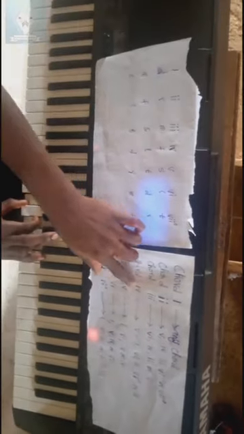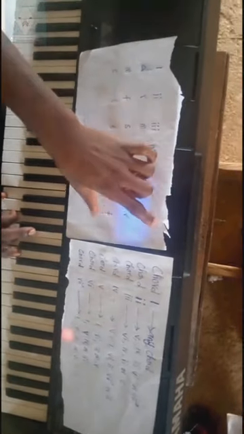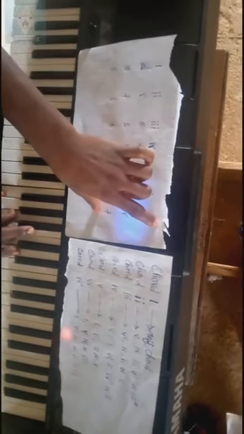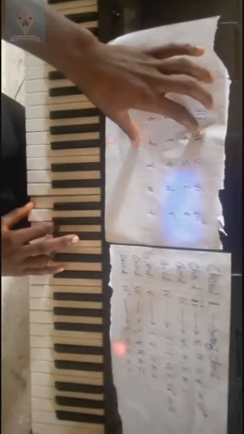By chord 3, this is chord 3. So chord 4 can be followed by chord 5, chord 1, chord 6, chord 2, chord 3, and chord 7. So chord 4 can be followed by any chord. So chord 1 and chord 4 can be followed by any of these chords.